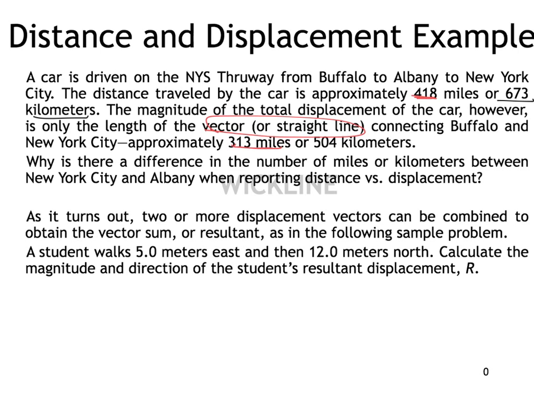is only 313 miles. So this is really highlighting the difference between distance and displacement, because the difference in the number of miles between 418 and 313 is because the larger number, 418 miles, is larger because it's measuring the total distance, whereas the smaller number, 313, is actually just measuring the distance from the start to the end, so it always takes the shortest and the straightest path.